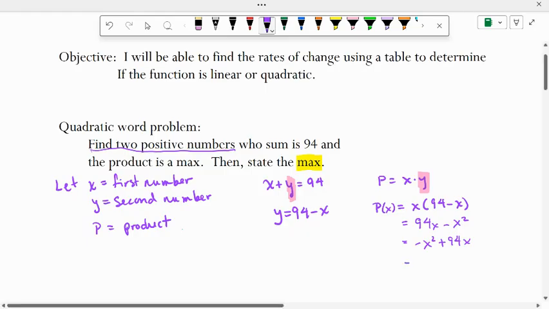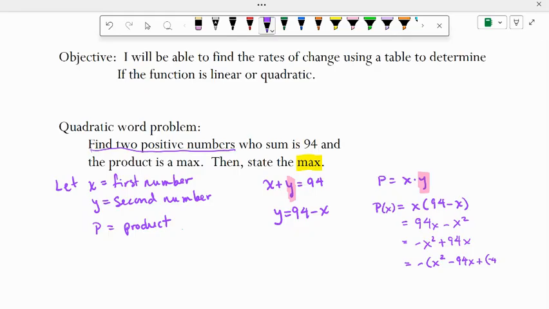I can do that by completing the square: factor out a negative, and then I want half of negative 94, which is negative 47. And then I want to square that and give myself enough room.